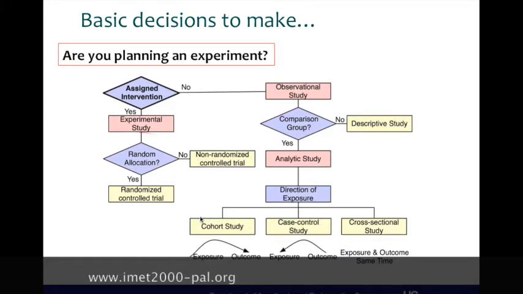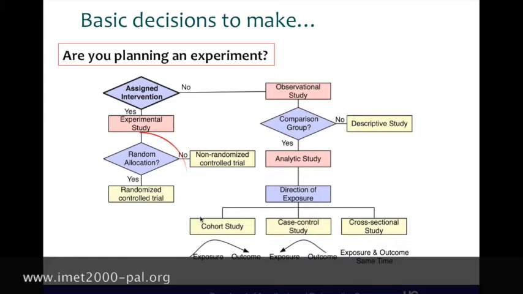If you're planning this experiment and you're able to obtain consent and assign patients at random to one of two interventions, you're doing a randomized trial. And the assignment has got to be at random. That's one very important feature of these studies.